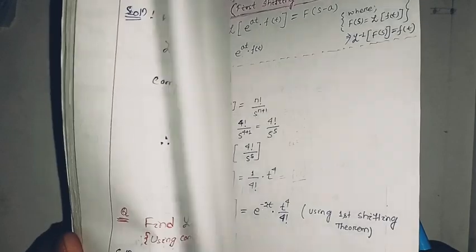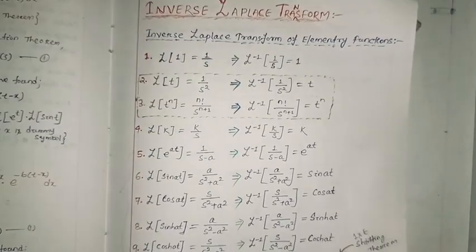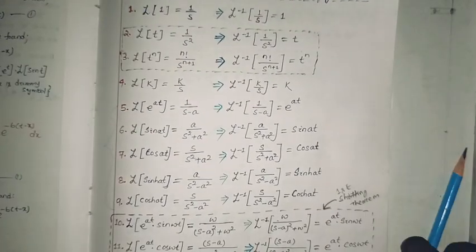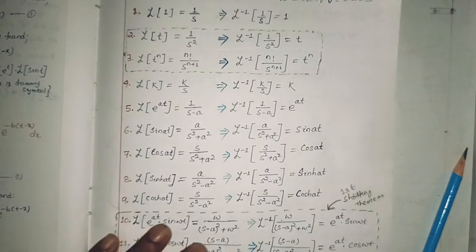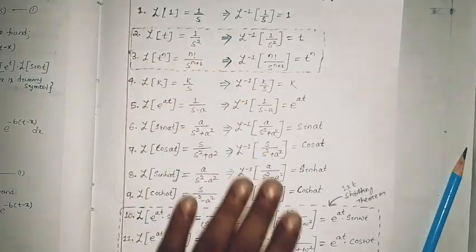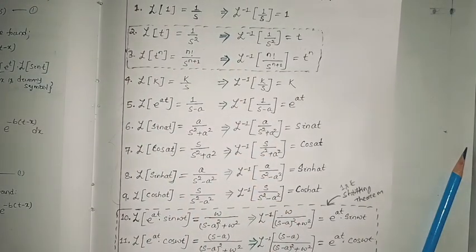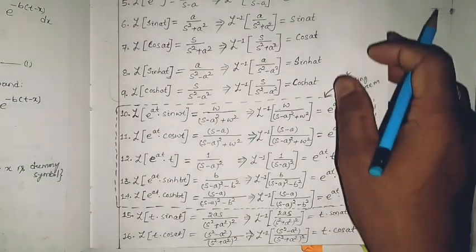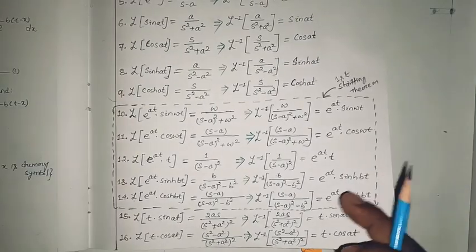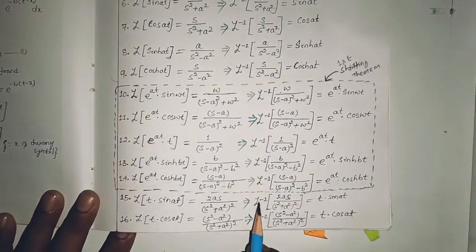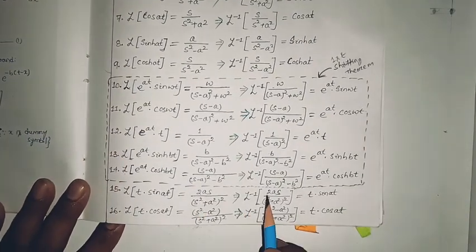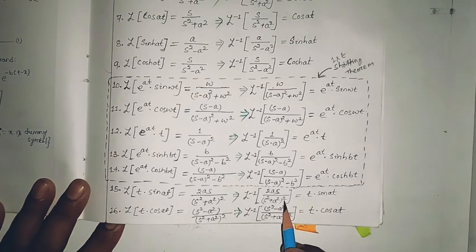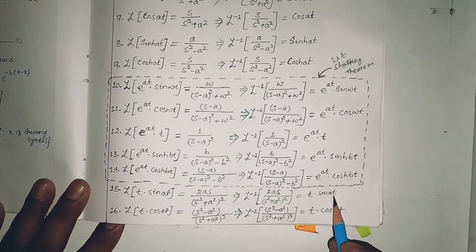In those 16 formulas or 16 basic functions and the corresponding inverse Laplace transforms, you can check your notes. You can find that the inverse Laplace transform of 2as by (s square plus a square) whole square is t sine at.